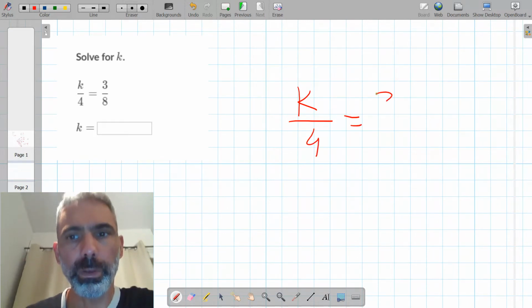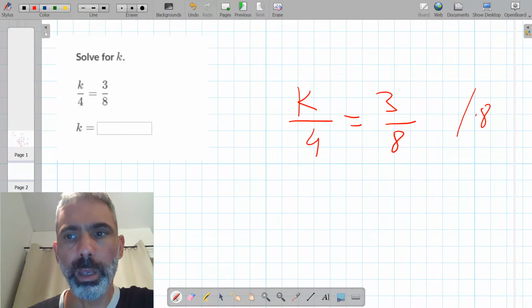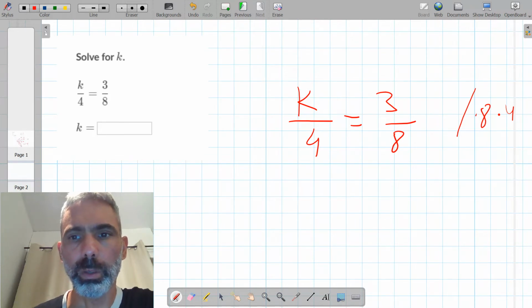I want to get rid of the denominator on both sides, so essentially I'm making 2 steps in one. If we want to get rid of the 8 on the right hand side, we multiply by 8. And if we want to get rid of the denominator on the left hand side, we multiply by 4. So we do both of these multiplication steps in one go.